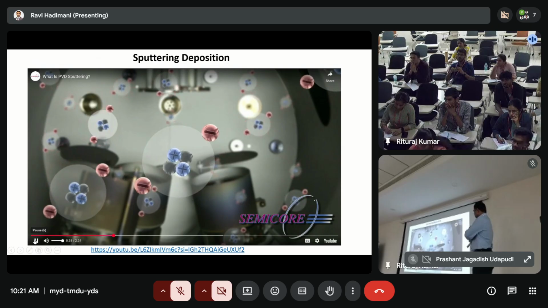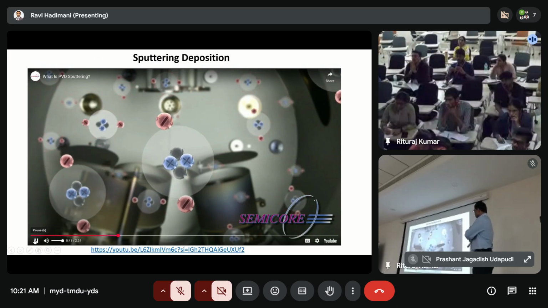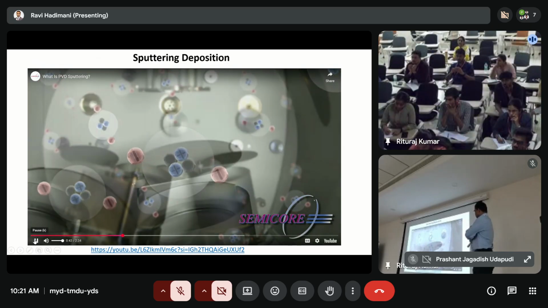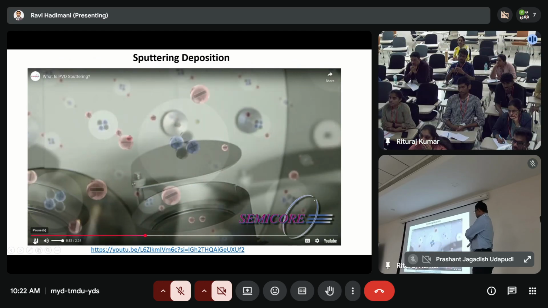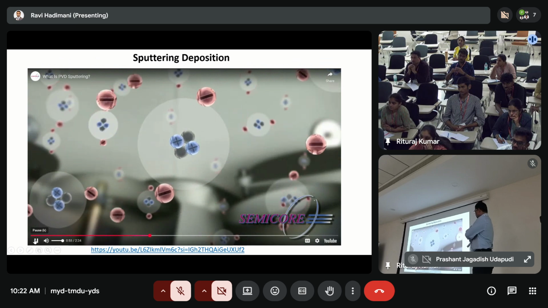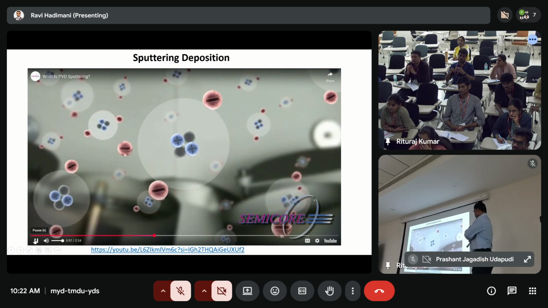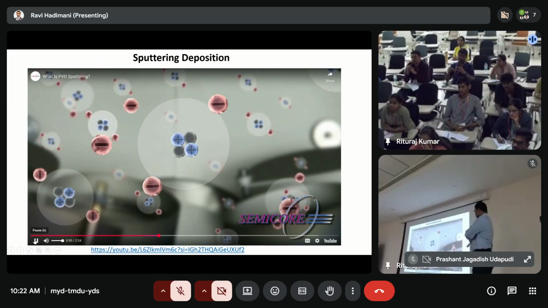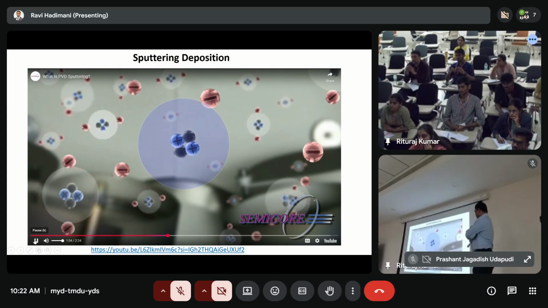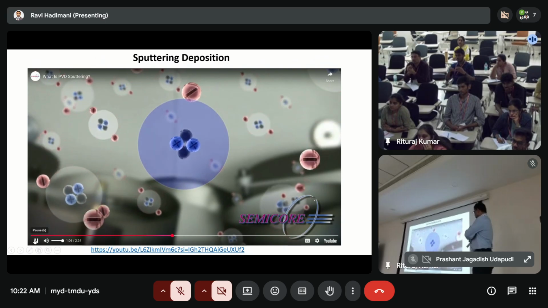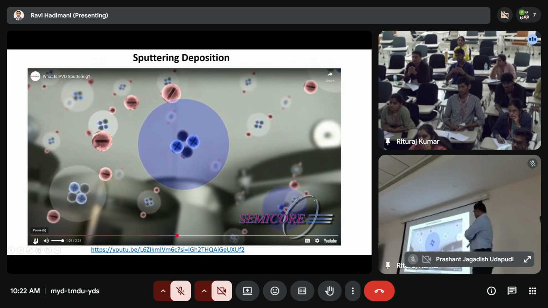Now the conditions inside of the chamber are ready to begin the process. A negative electrical potential is applied to the magnetron, which is the cathode, and the ground reference is the chamber, which is the anode. This electrical potential will cause free electrons to accelerate away from the magnetron. When these electrons collide with a process gas atom, they strip the gas atom of an electron, creating a positively charged process gas ion.